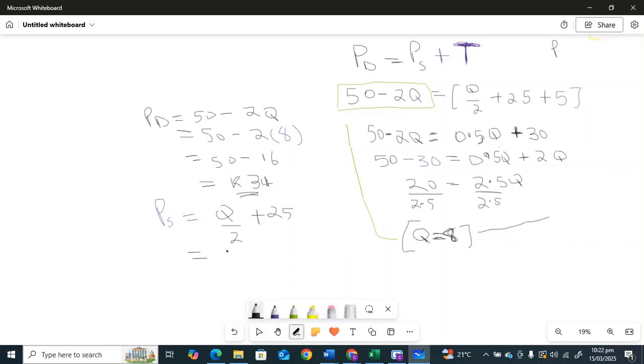Q is 8. 8 divided by 2, that is 4. 4 plus 25, 29 kwacha. Any questions?